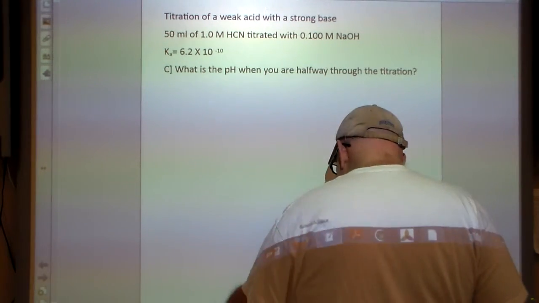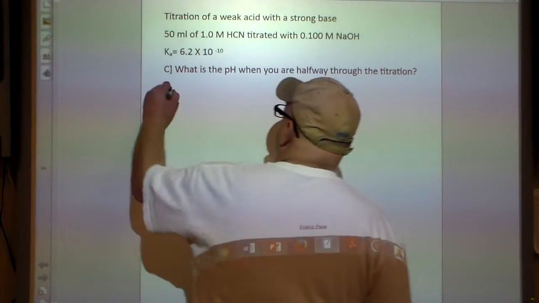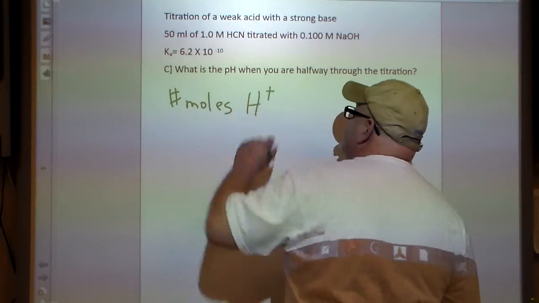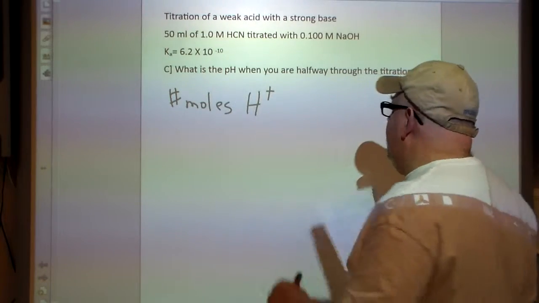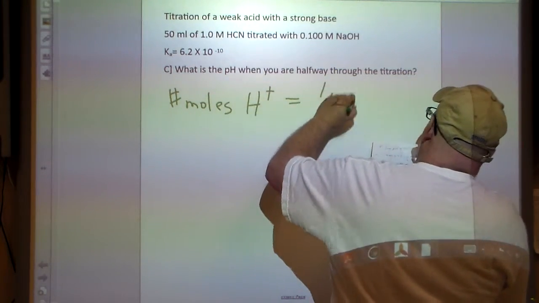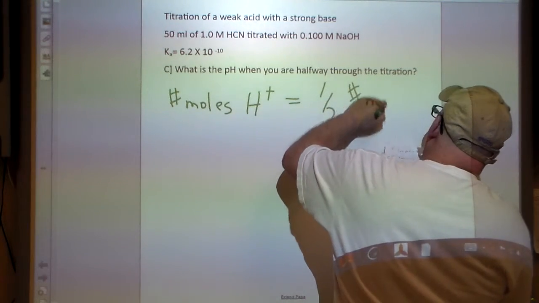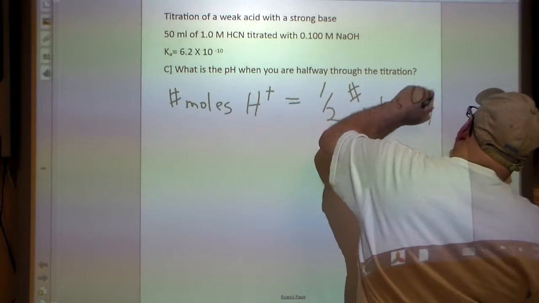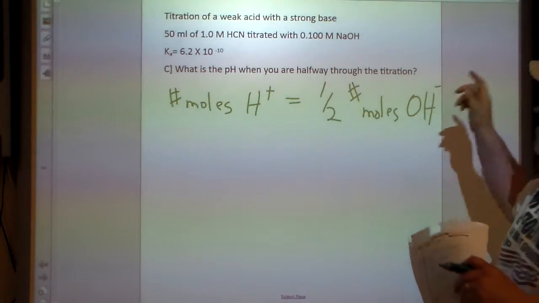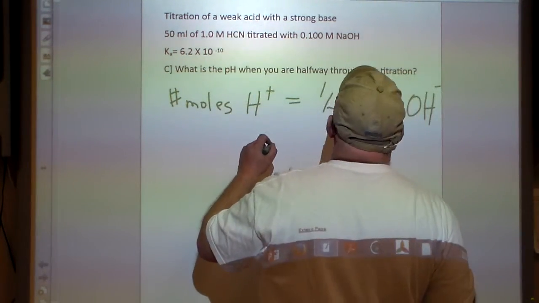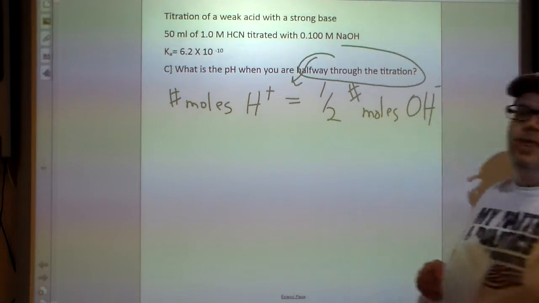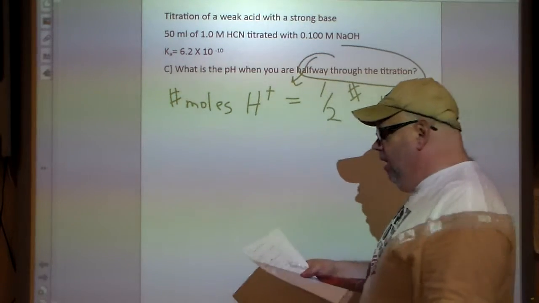The number of moles of H+ that's given off by our HCN is going to equal half the number of moles of OH- that's given off by our sodium hydroxide. That is what they are referring to when we talk about halfway through the titration.